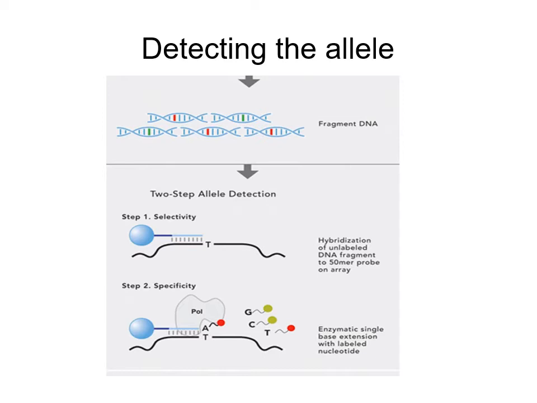So what happens here is we've got our T, DNA polymerase will be added along with fluorescent nucleotides, which are labeled with colored compounds so that they can be detected later. So it's a single nucleotide enzymatic extension of the oligo probe to the person's DNA to identify that particular nucleotide.